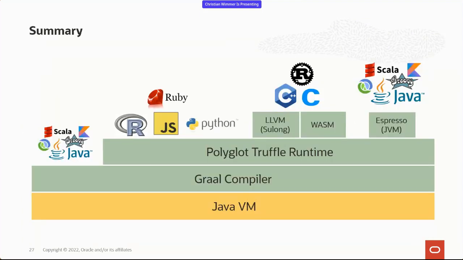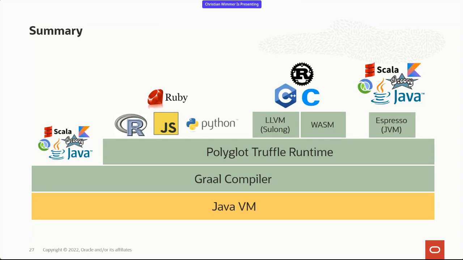So to summarize, what's the big picture of the whole GraalVM ecosystem? First of all, it should be clear by now, everything that we write in terms of the interpreters is written in Java. So you write your languages in Java and everything runs on a Java VM.